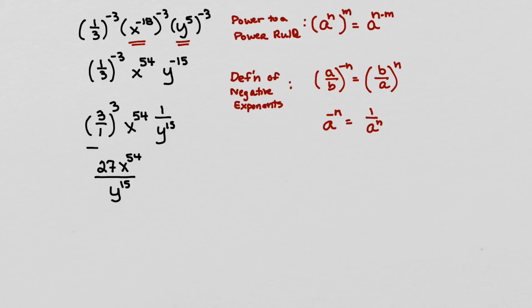If I want to clean up my answer and make it especially nice, I'm going to have 27 x to the 54 over y to the 15. I have simplified my original expression and left only positive exponents in my answer. Whew, that was a long one.